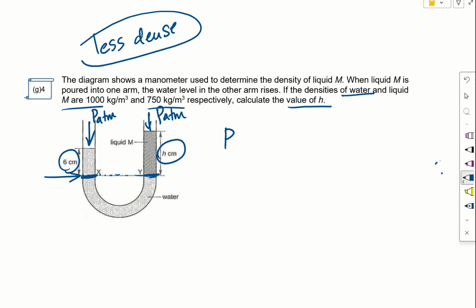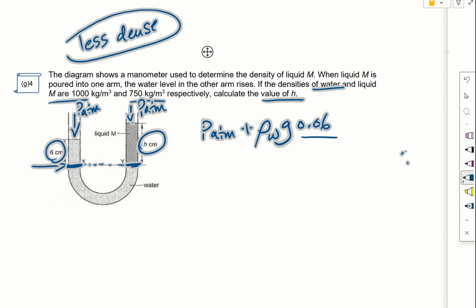Left hand side will be PATM plus 6 cm, rho W, which is the density of water, G, and 6 cm of water. So I'll convert it to 0.06.